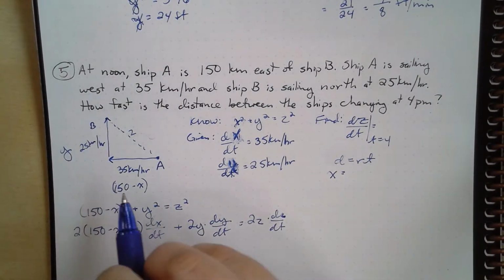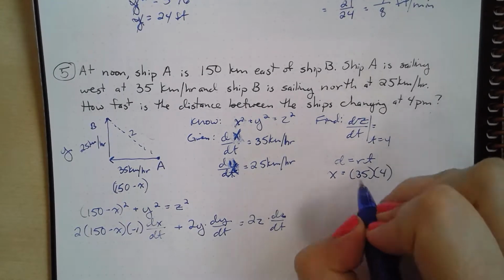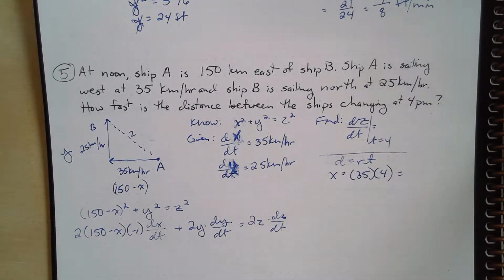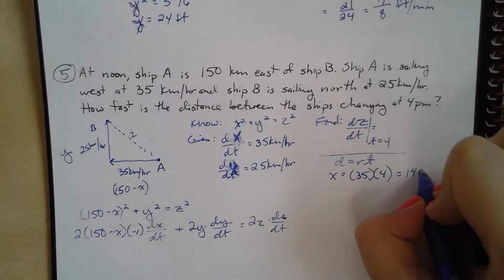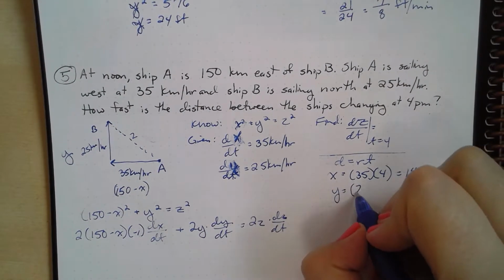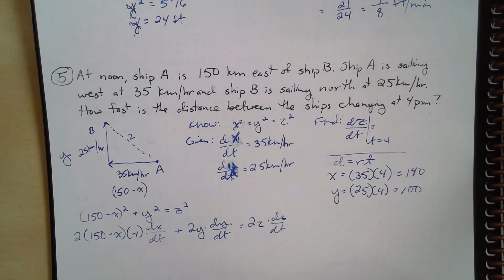So our x distance is going to be equal to the rate, 35, times 4. This is all happening when t is equal to 4. So that's 35 times 4, which is 140. And y is going to be equal to our rate, 25, times 4, which is equal to 100.